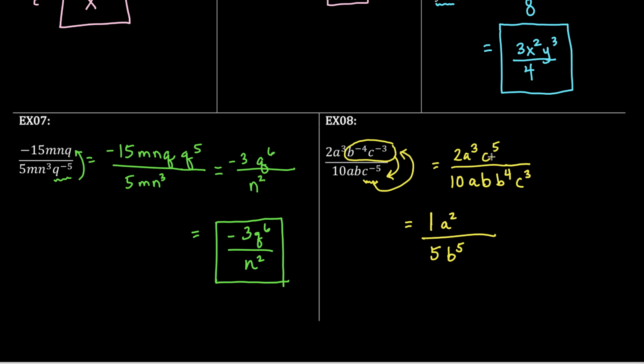And then for c, we have 5 on top, 3 on the bottom, so we have 2 left over on the top. And this 1, we don't usually write because everything's times 1, right? So we should write a squared c squared over 5b to the 5th power. Cool, and that's it. Thank you.